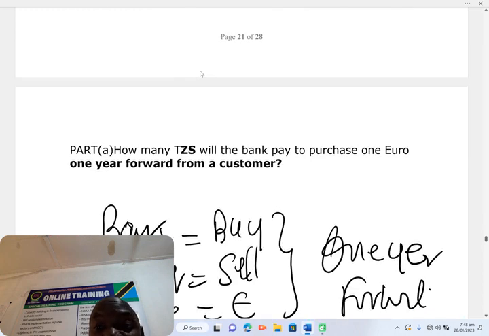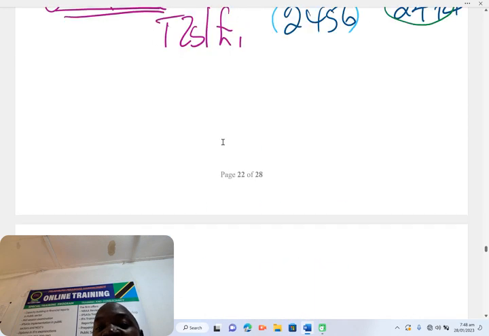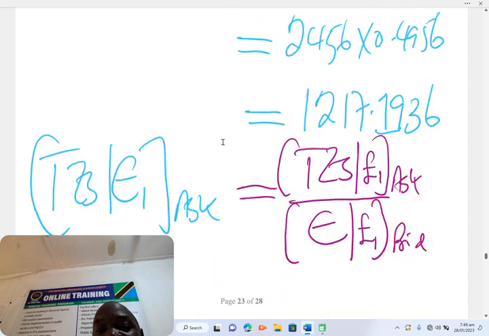So if a bank wants to buy 1 euro, what will happen? It will give a bid rate, isn't it? So if you want to buy 1 euro, a bank will give a bid rate, isn't it?